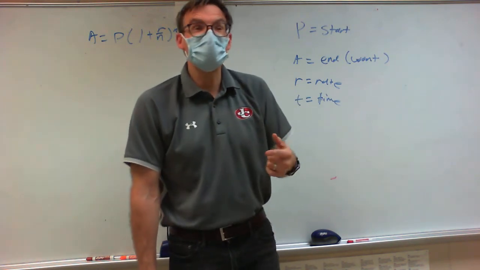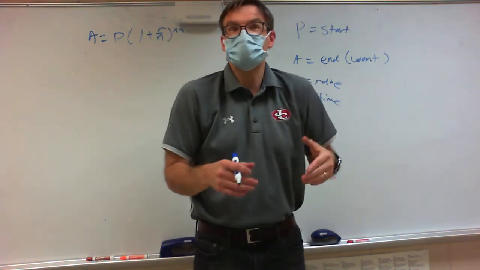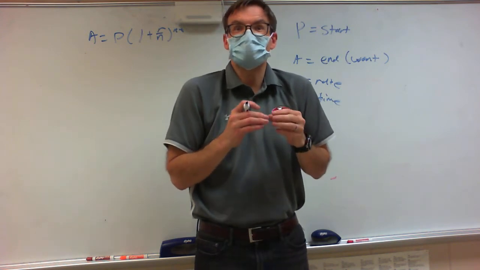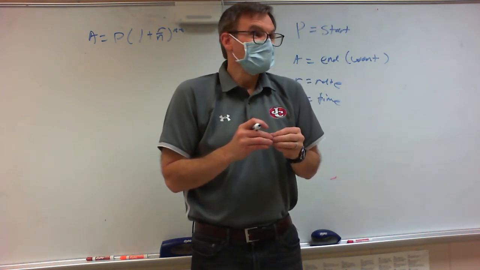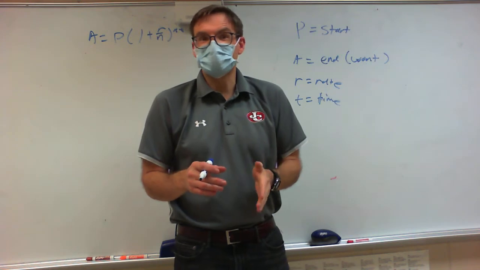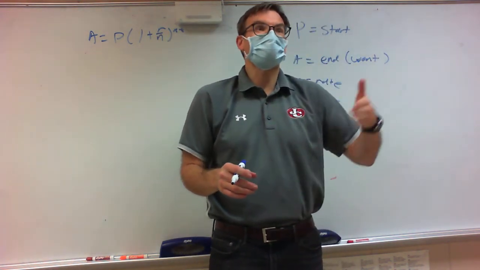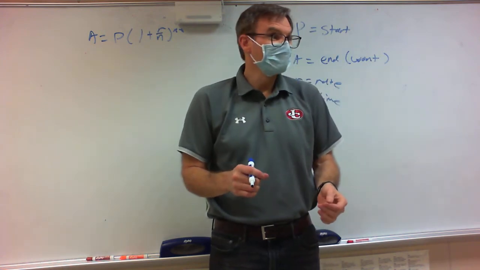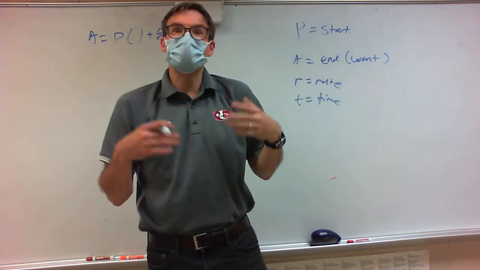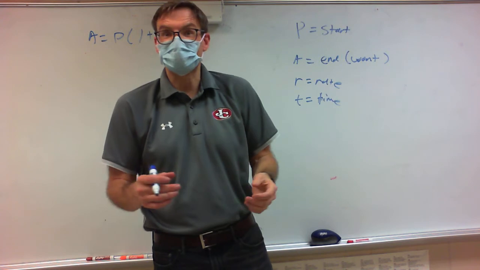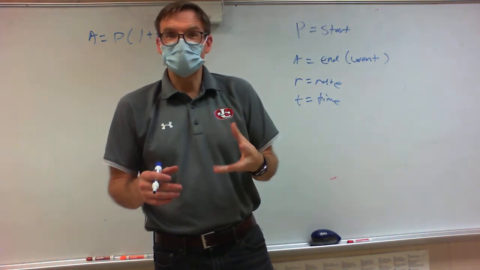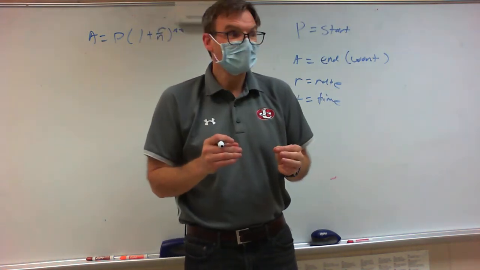But did you notice that the more times you compounded, the amount of extra money you got was less? There wasn't a whole lot of difference between compounding 12 times a year and compounding 240 times a year, right? And there wasn't a whole lot of difference even if we compound 1,000 times, right?